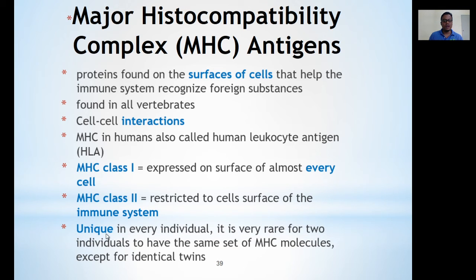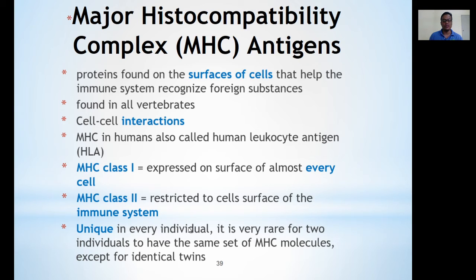Every person comes with their own unique MHC. So almost every person in the world possesses unique MHC, just like your IC number. So it is unique to you.